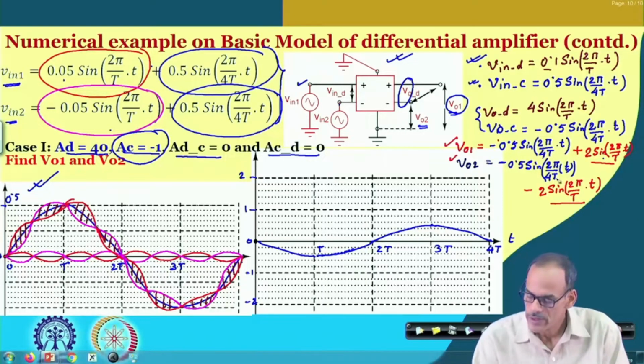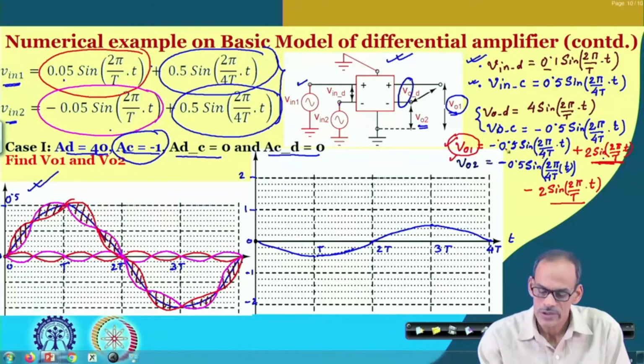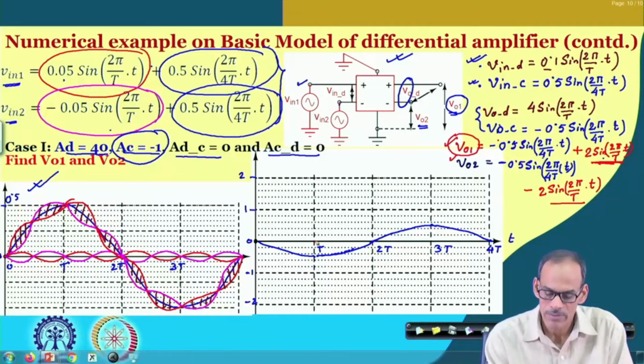If I plot the first output, I have to consider this signal riding over this common mode signal, and its time period is t.